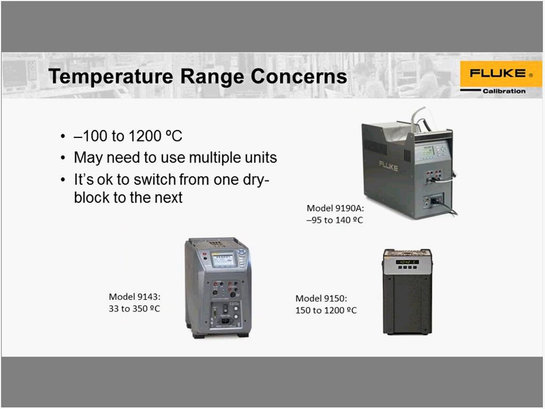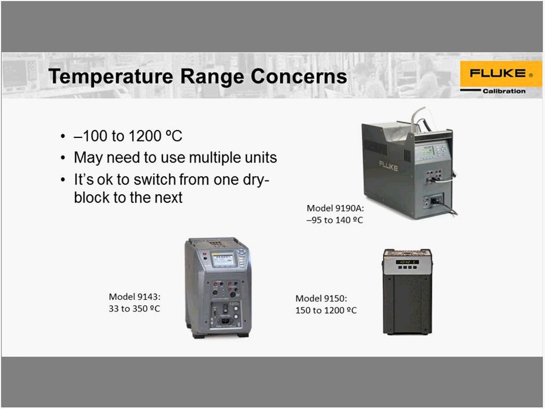I'm going to touch on temperature concerns. A lot of times you'll need to calibrate over a range of temperatures. Unfortunately, the technology exists where we can get from extremely cold to extremely hot, but not within a single unit.